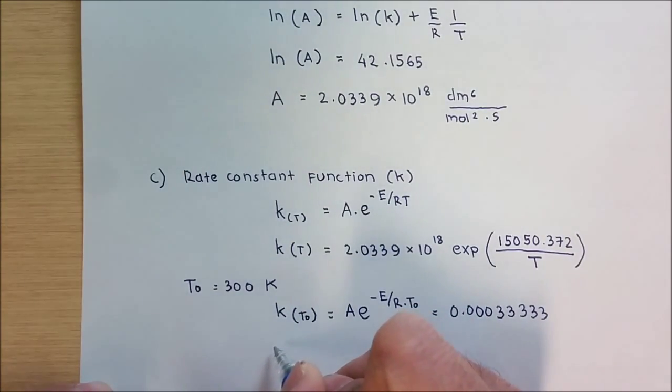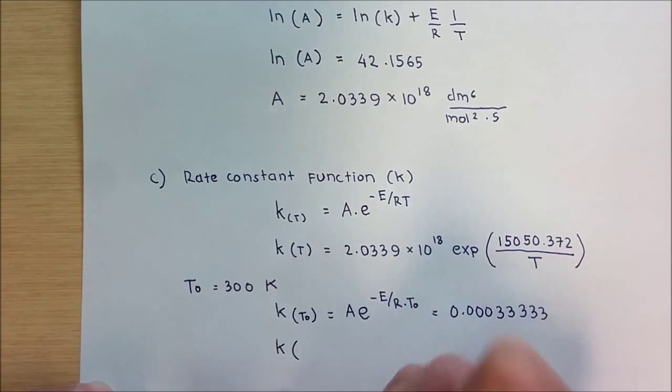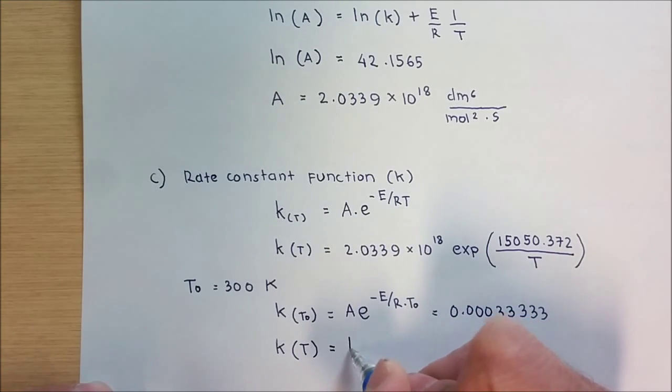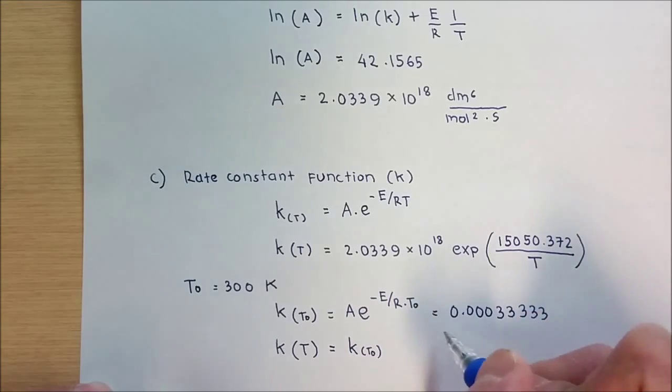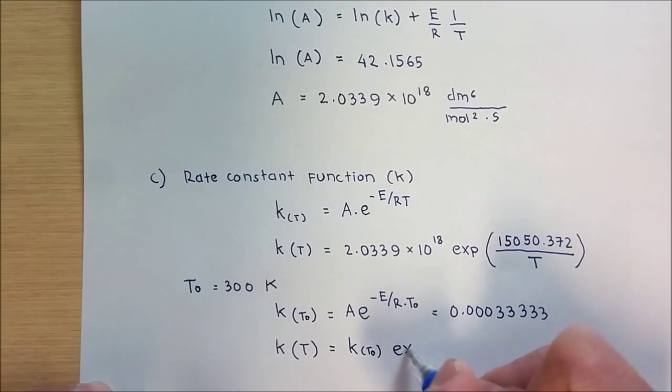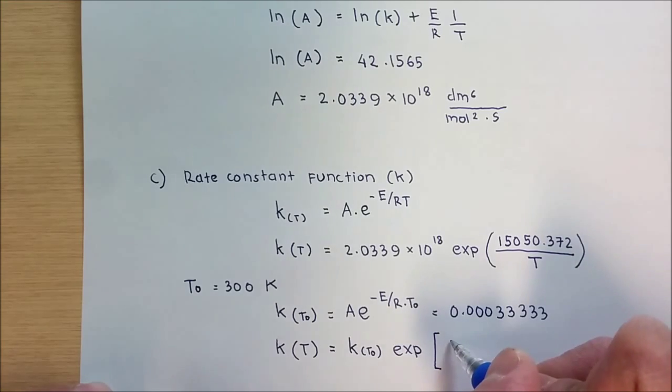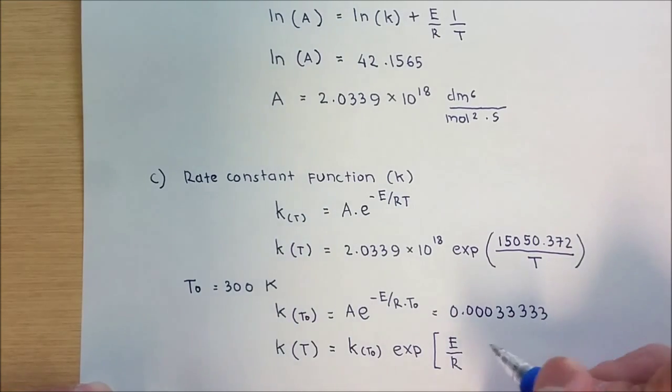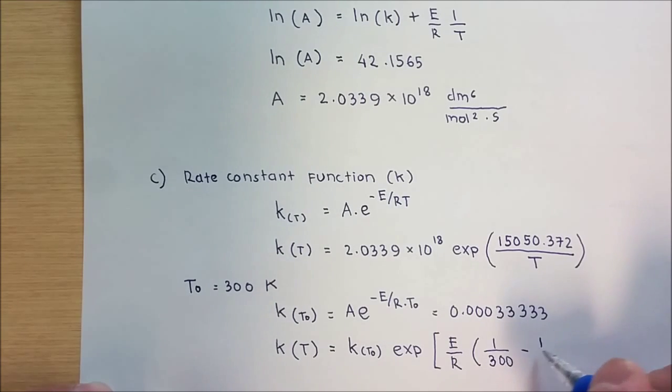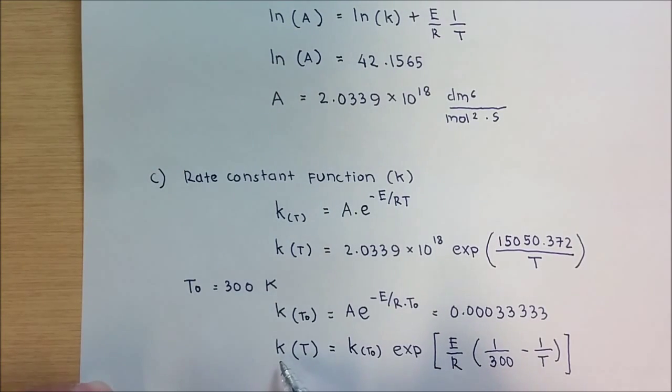And then if we put it into the formula with a base case, we will have k(T naught), which is this number, multiplied by exponential of E over R multiplied by 1 over 300 minus 1 over T. So now we can easily find the value of k at different temperatures using the base case of 300 Kelvin.